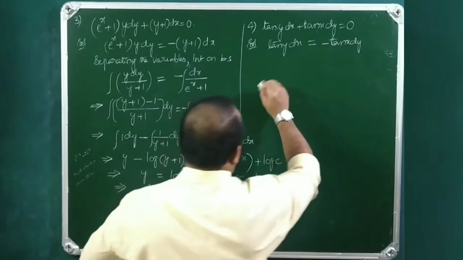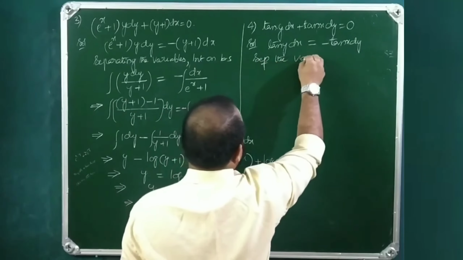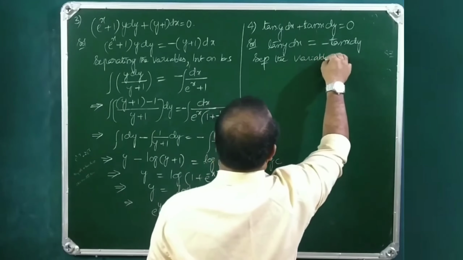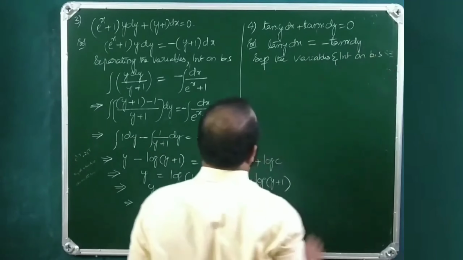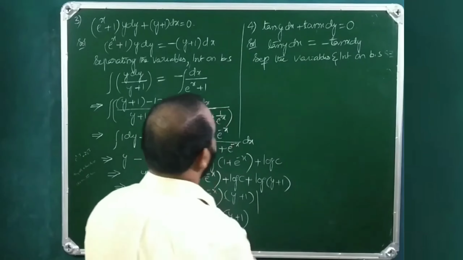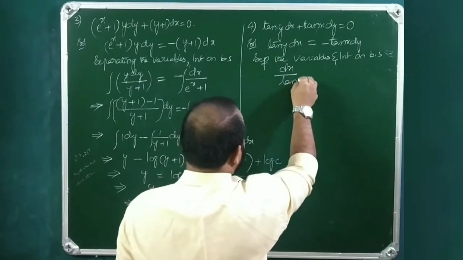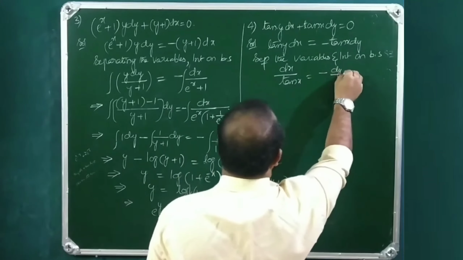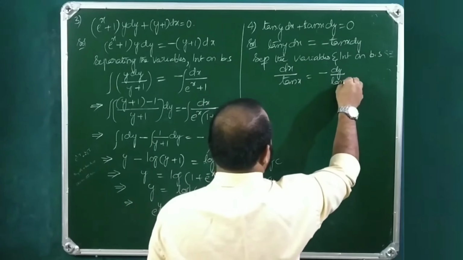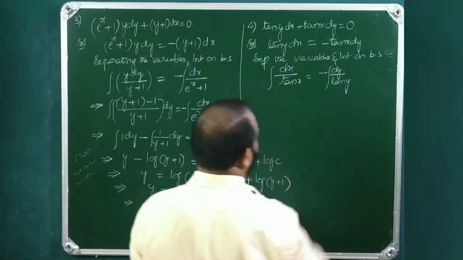Now, separating the variables and integrating on both sides, then it is dx by tan x is equal to minus dy by tan y, and integrating on both sides.